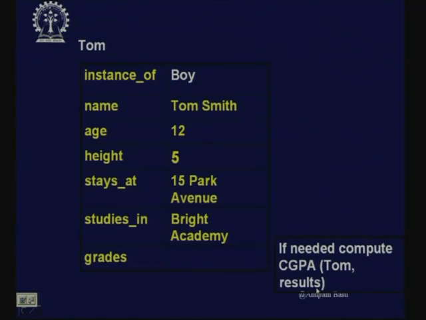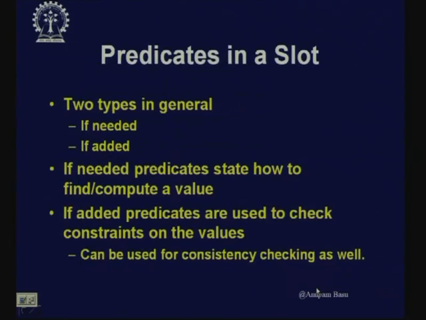Say I have got an instance Tom, all right. Now, here I am putting in the inferencing part also. Tom has got so many attributes, but drinking milk is not there. But I know Tom is an instance of boy, all right. Now, I can go to boy and see if there are some attributes which are talking about drinking.